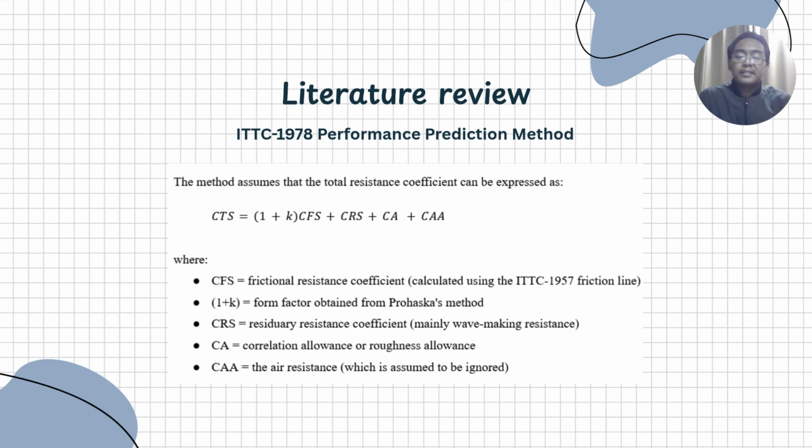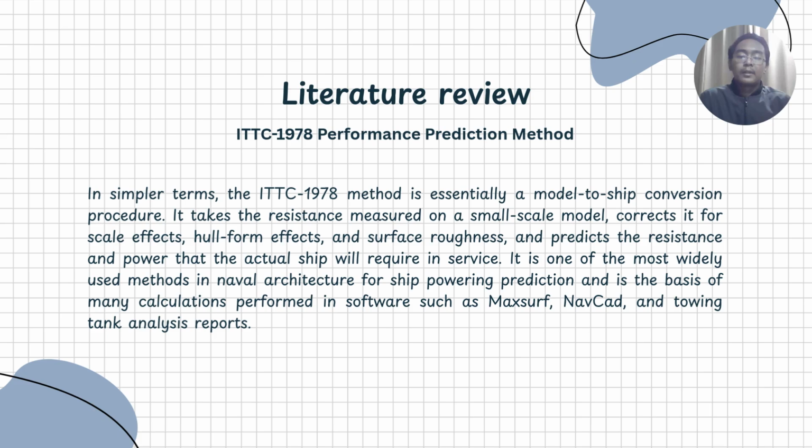The 1 plus K is the form factor obtained using Prohaska's method. The CRS is the residuary resistance coefficient, mainly from wave-making resistance. The CA is the correlation allowance or roughness allowance, and the CAA is the air resistance, which in this test is ignored.